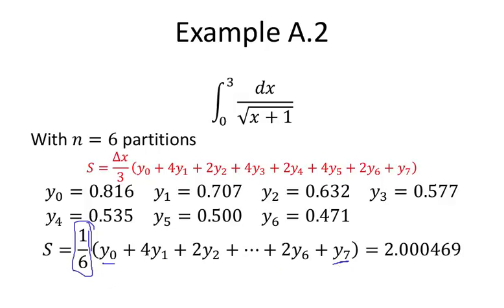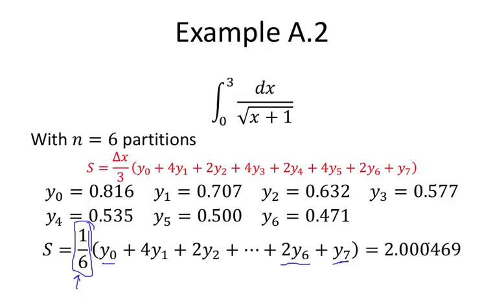And here's our alternating pattern: 4 times y1 plus 2 times y2 plus 4 times y3 plus 2 times y4 plus 4 times y5 plus y6, and all those products, and then take all that, divide by 6, because it's 1/6, and you'll get 2.000469.